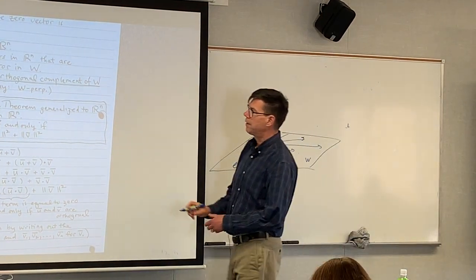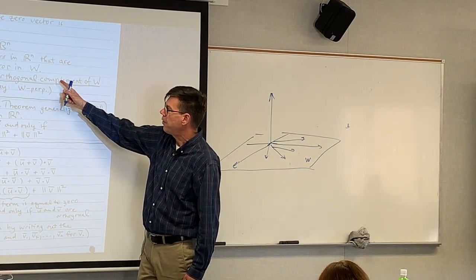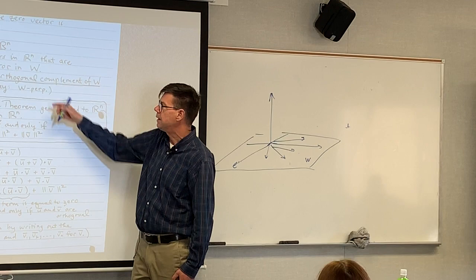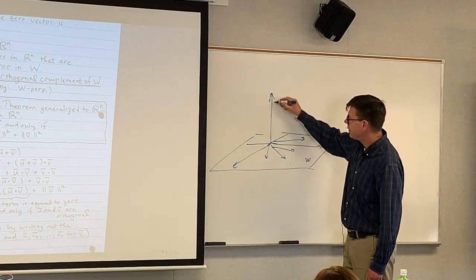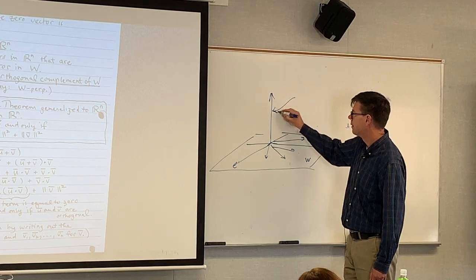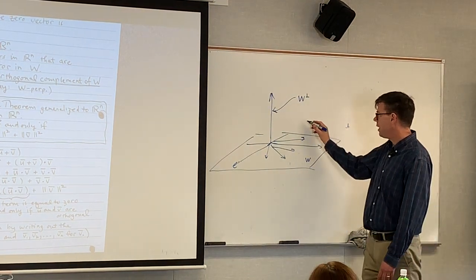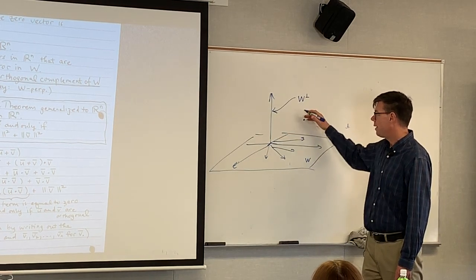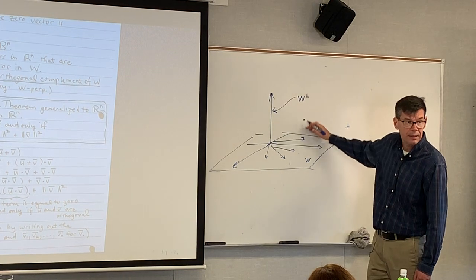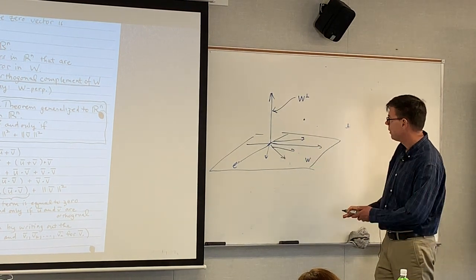And so if you consider all the vectors in Rn that are orthogonal to every vector in W, that's going to be like the z-axis. It's not going to be anybody over here, because a vector coming out this way is not making a 90-degree angle with all the vectors in W.